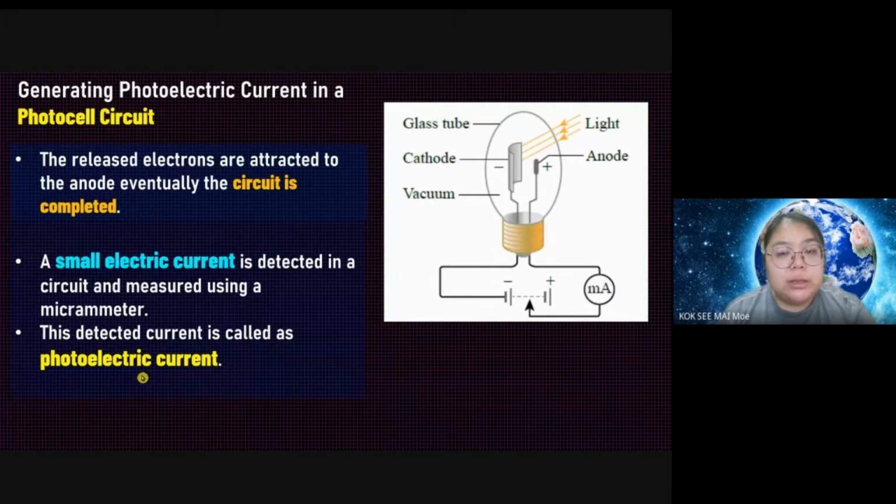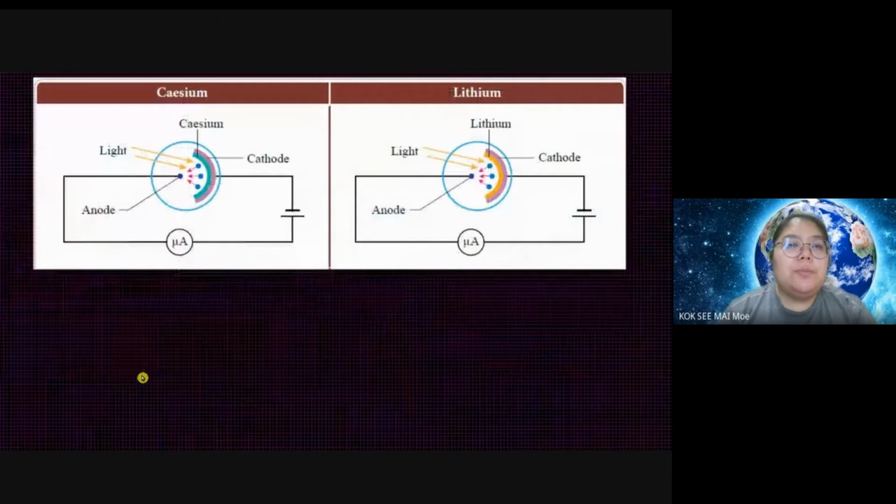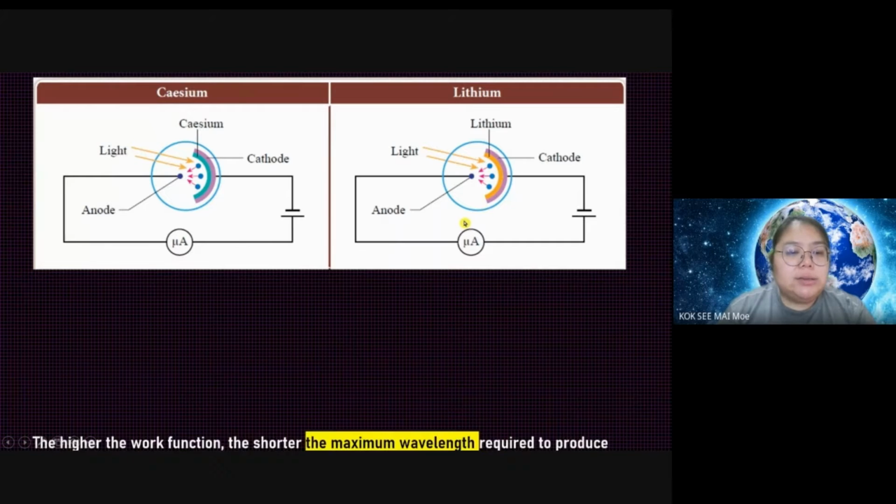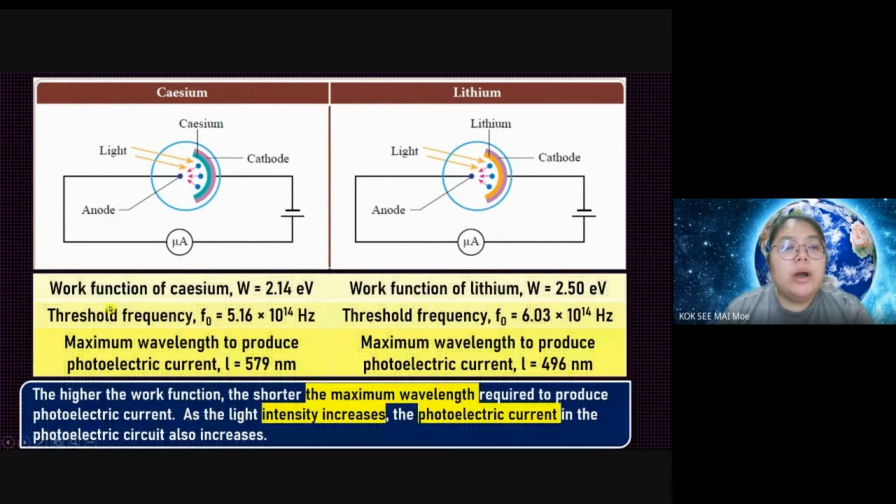Important, you need to overcome the work function. Now we compare calcium and lithium. What's the difference? The connection is the same, just one is coated with calcium and the other with lithium. First, the work function for calcium is 2.14 electron volts, and lithium is 2.5.